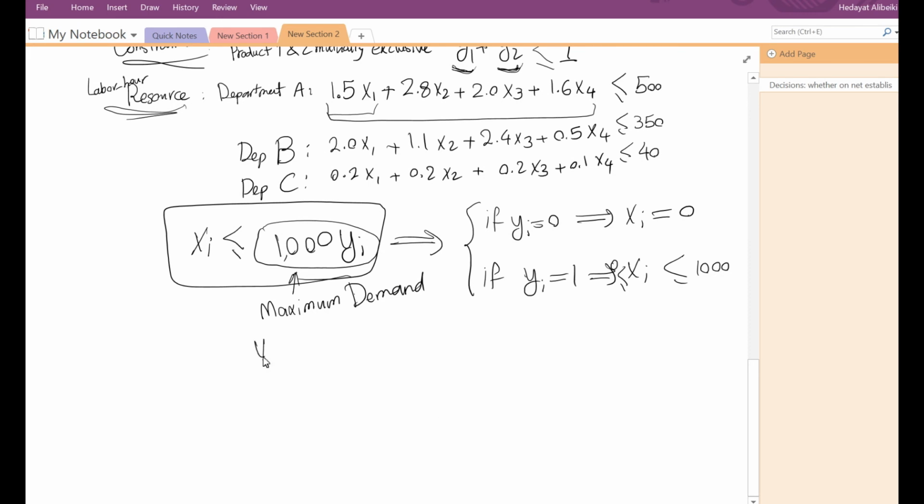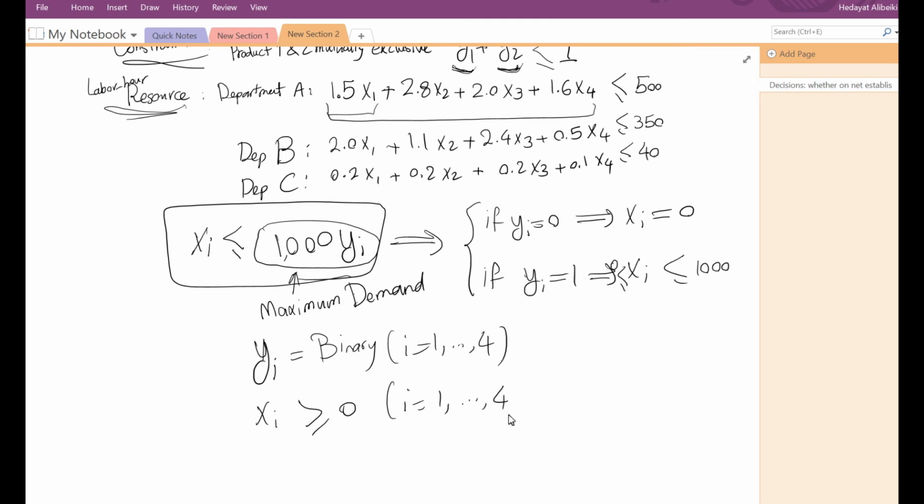And the last thing is that, as we already defined, yi are binary, i from 1 to 4, and xi are non-negative, i from 1 to 4.